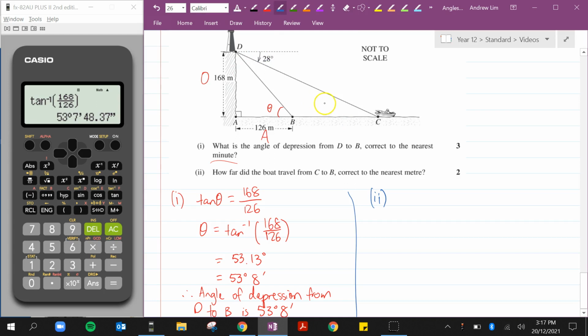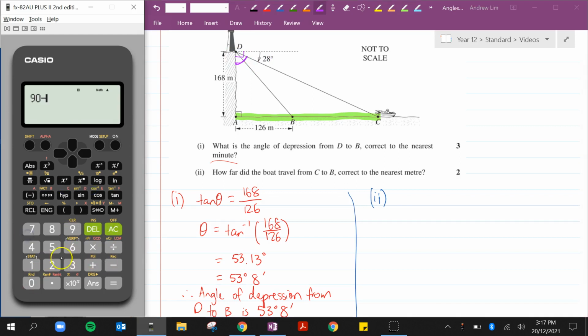Okay. So what I would probably do is work out how long this entire side is. In order for me to do that, I'm going to have a look and see what this angle is. Well, we know that that angle has to be 90 degrees minus the 28. And 90 minus 28 is 62.